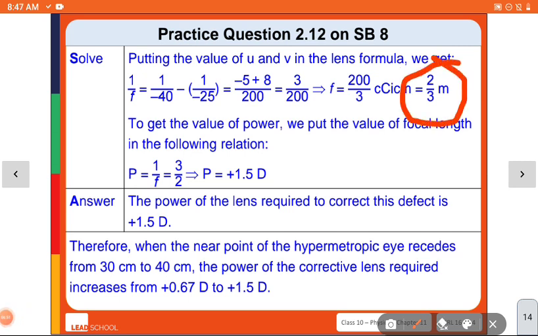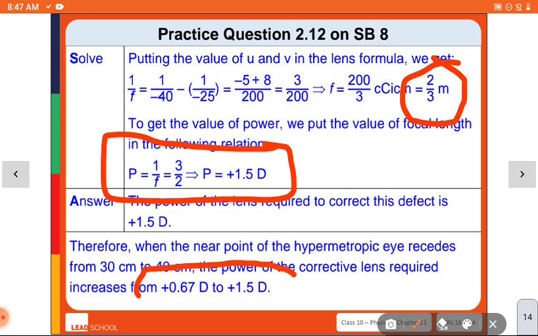After putting the focal length in the power formula, power is 1.5 diopter. So that means the power of the corrective lens required increases when the object's position changes from 30 to 40 centimeter, from 0.67 diopter to 1.5 diopter. So the power of the lens is increasing.